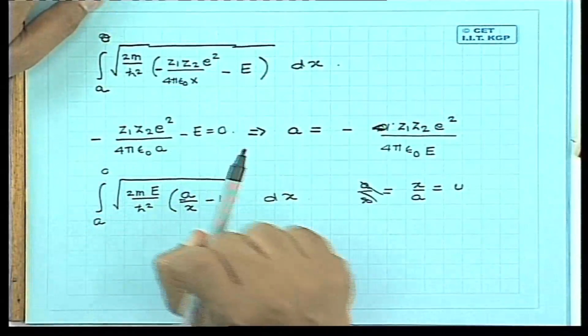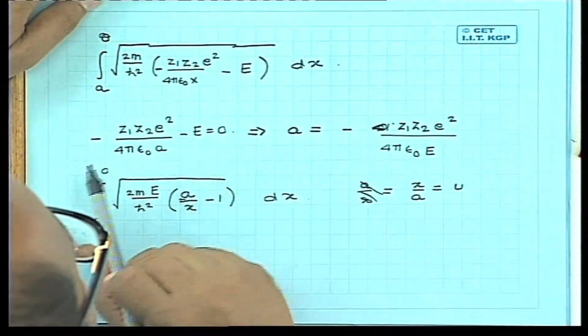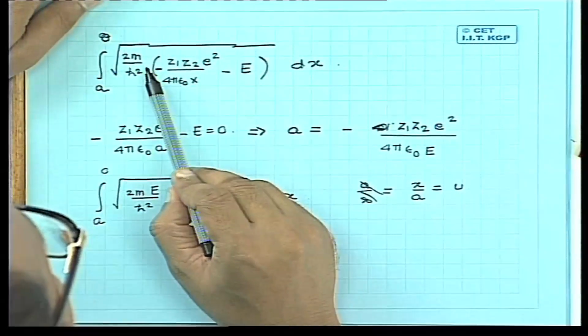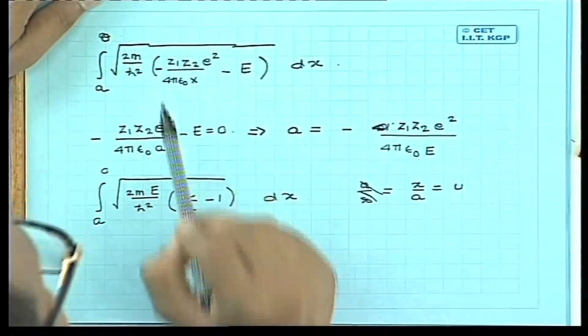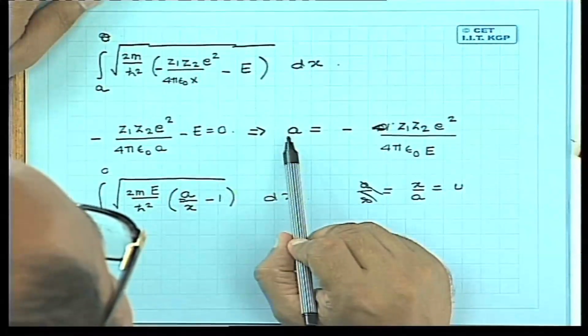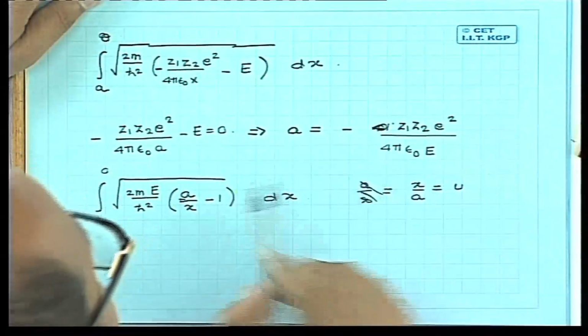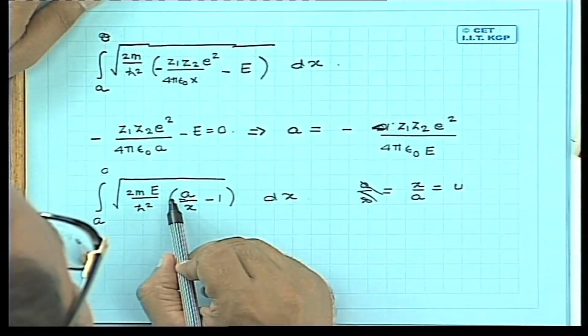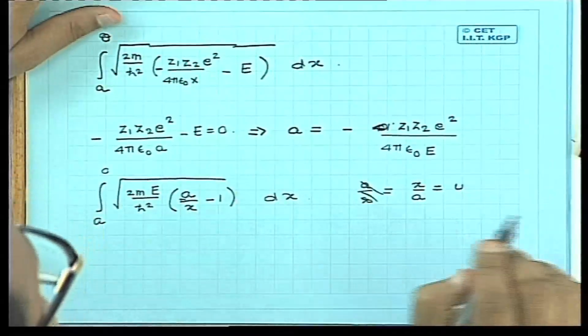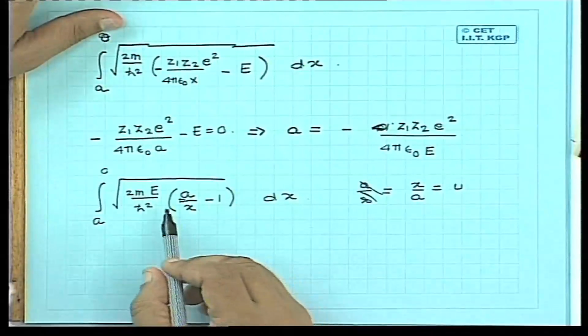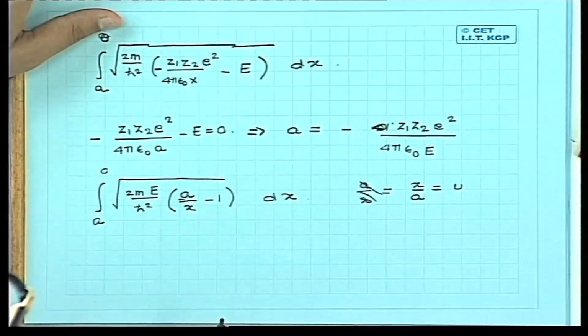Let us just check if we have got the signs correct throughout. So there was a minus sign here, and a also has a minus sign, so there's an overall minus sign here. Okay, so this is what we have.